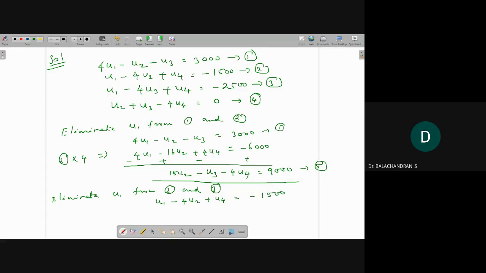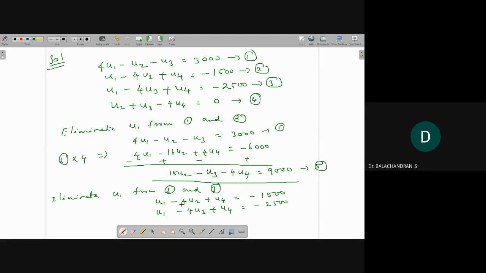And 3 is u1 minus 4u3 plus u4 equal to minus 2500.